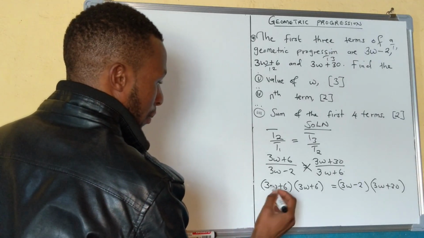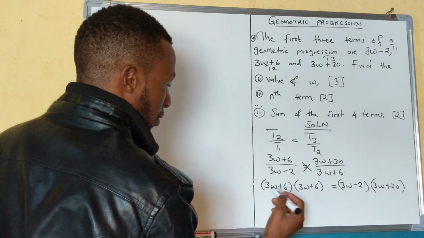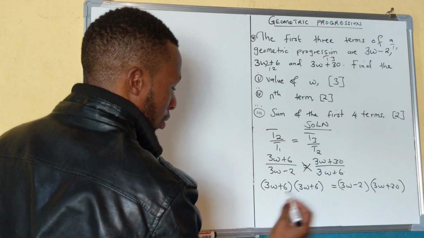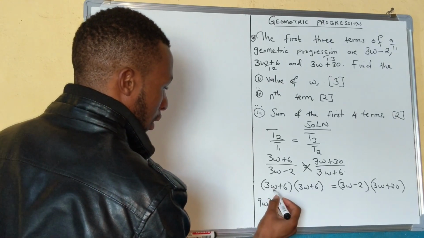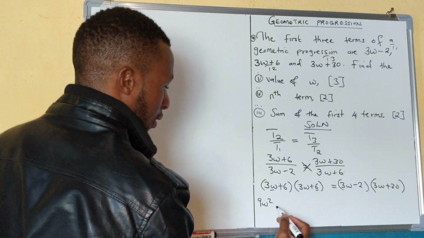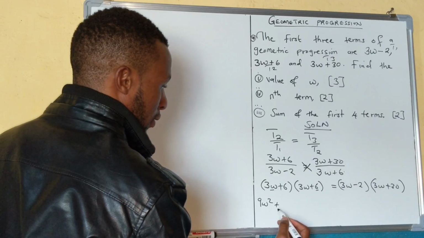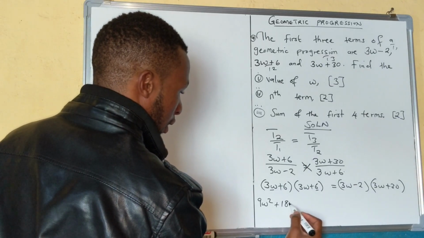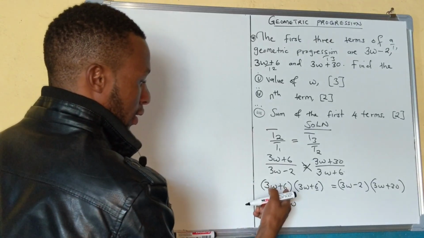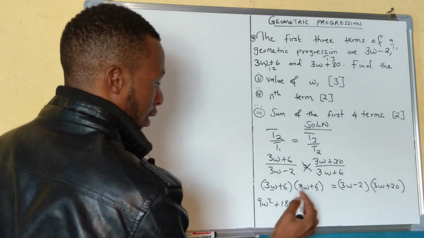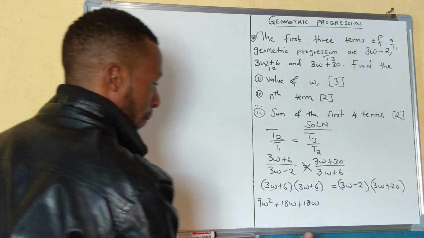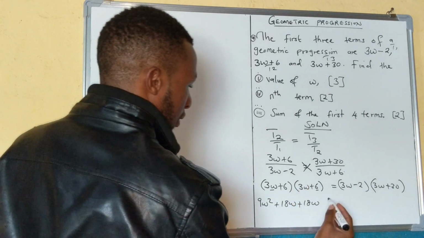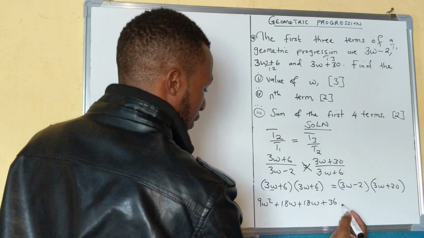So 3w is multiplied by these two terms: 3w times 3w gives 9w squared. Then 3w times 6 gives 18w. Then 6 times 3w gives 18w as well. Then 6 times 6 gives 36.